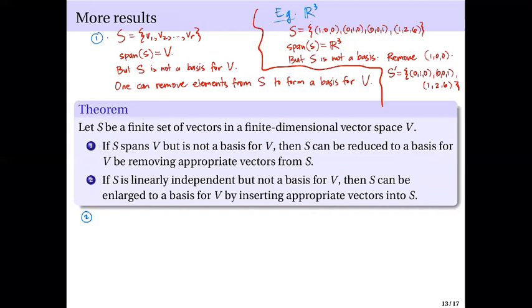For the second statement, okay, you have a linearly independent set, but not a basis for V. So you have S, V1, V2 until Vr.